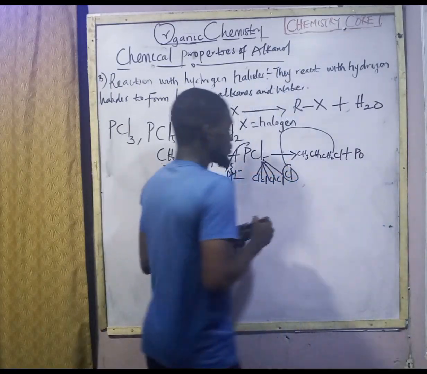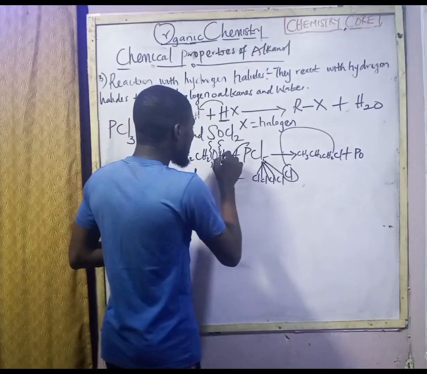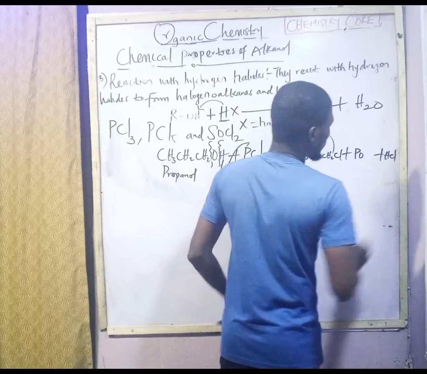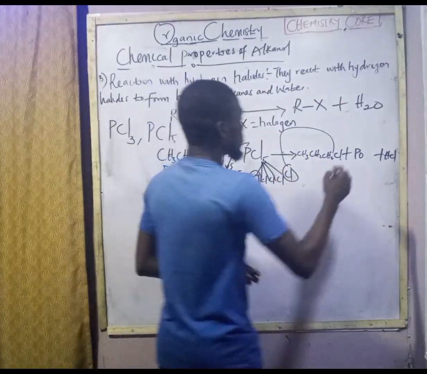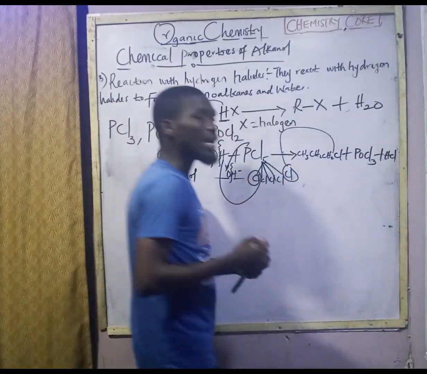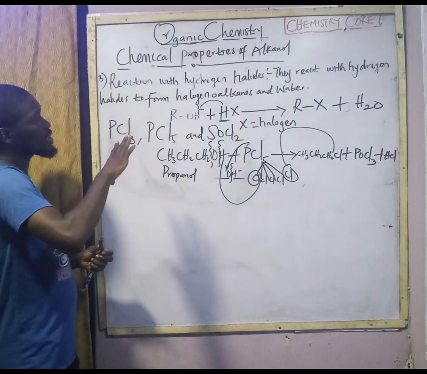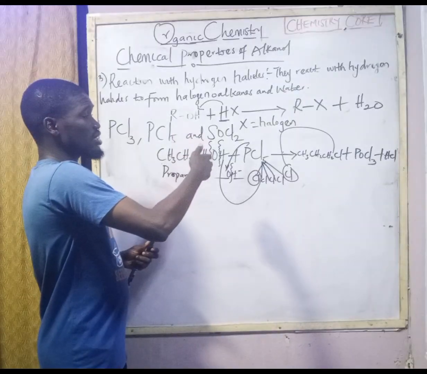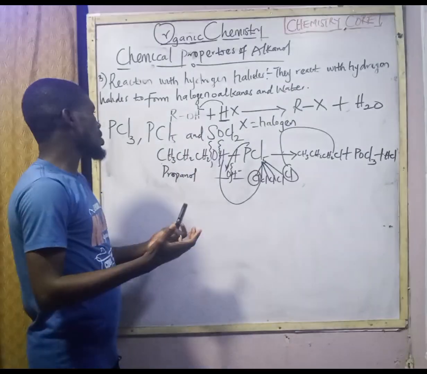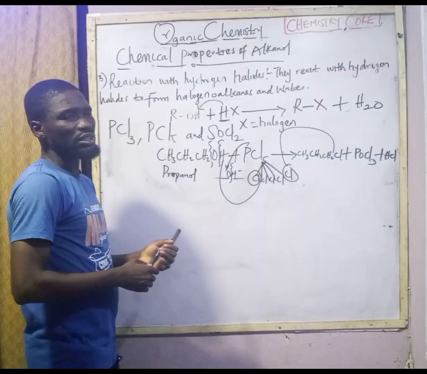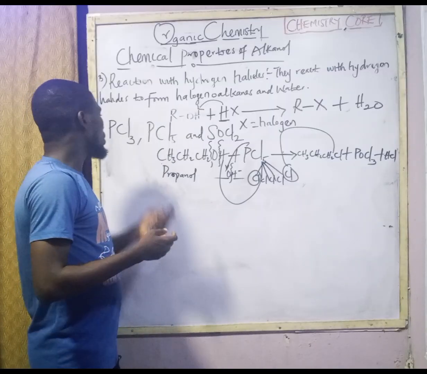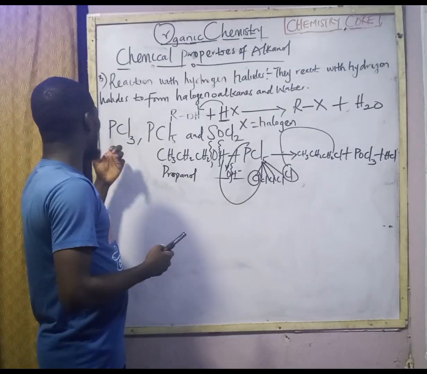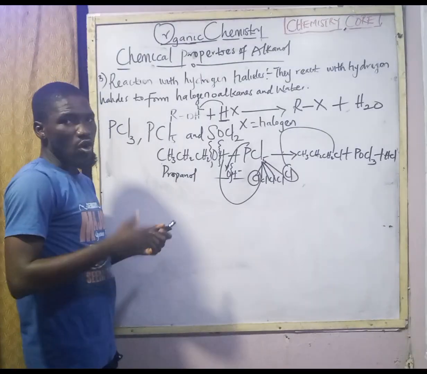So now this H here, we pick one of these chlorine, so we have plus HCl. And now we are left with what? Cl3. So guys, if you are given a question under the chemical properties of alkanol, this is how we can easily deduce the answer. You can as well try with any compound. Propanol with thionyl chloride, we are going to have our answer. Propanol with phosphorus trichloride, we are going to have our answer.